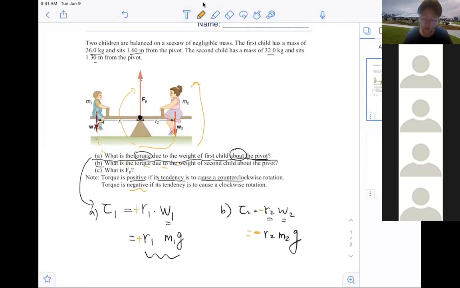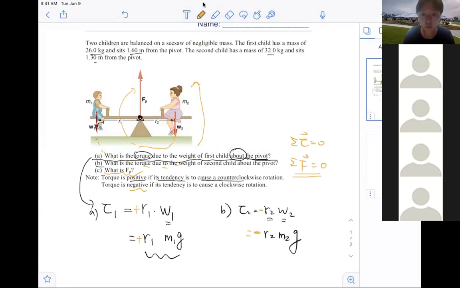And in order for all of this to be balanced, not only does the torque have to be 0, the force has to be 0 as well. So oftentimes, setting up the force equation can give us more information about calculating these different forces. What is the force pointing upward that is provided by the pivot?